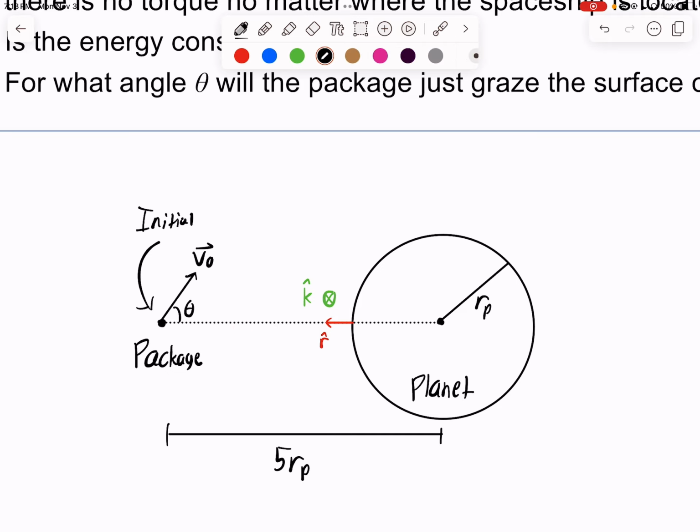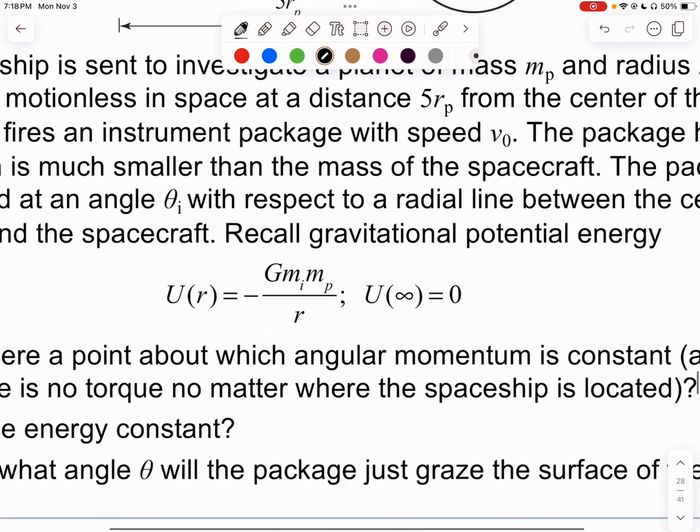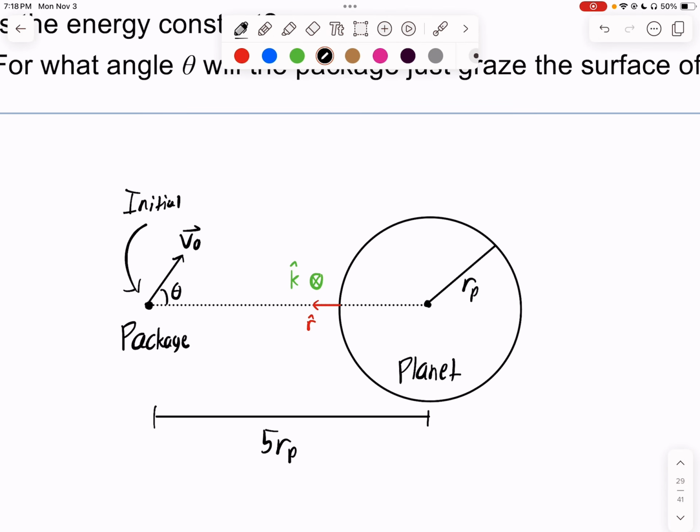And based on the above diagram, we also have a coordinate system. We're using cylindrical coordinates. So we have a unit radius vector, a unit k-hat vector, and just as an extra aside, with these two vectors defined, you can determine by right-hand rule that theta hat must point like this, or this.